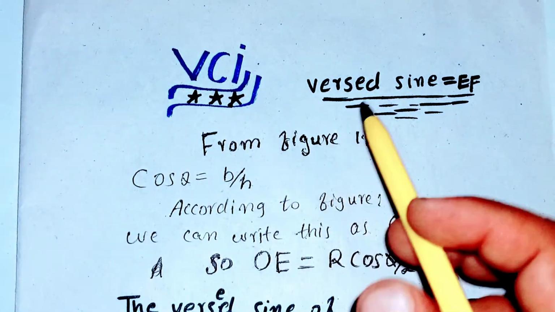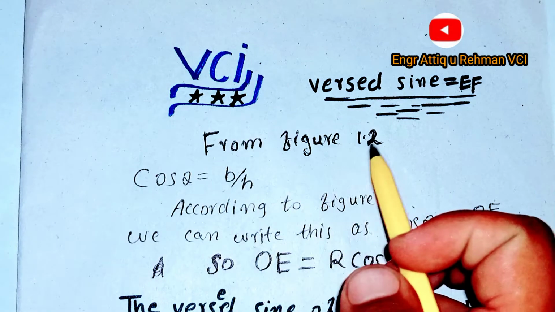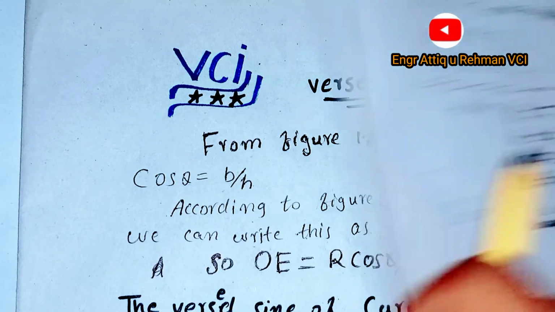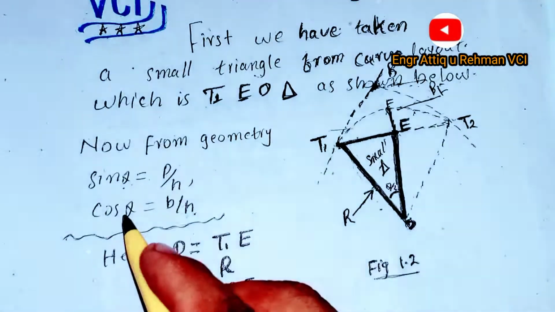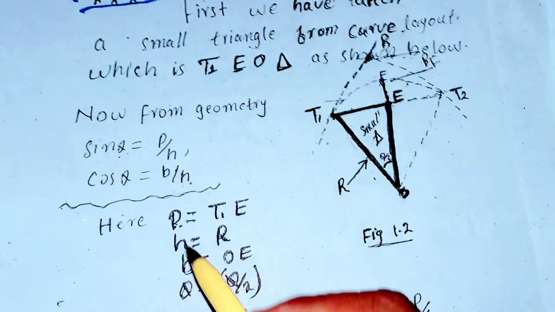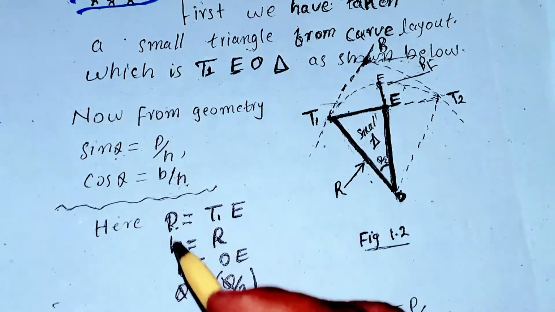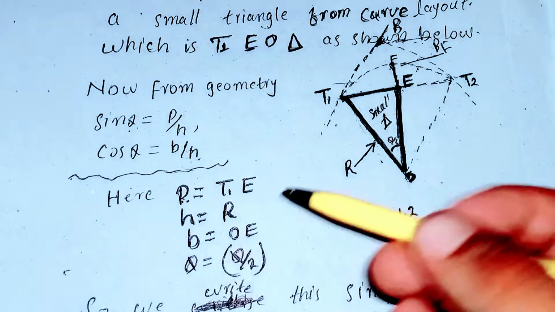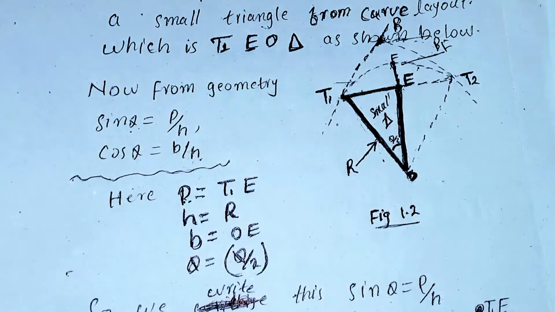Now we are going to find the versine distance, which is equal to EF. From figure 1.2, cos theta is equal to base divided by hypotenuse. Here the base is OE, the base of the triangle, theta is equal to theta divided by 2, as we explained before, and the hypotenuse is equal to the radius of the curve.